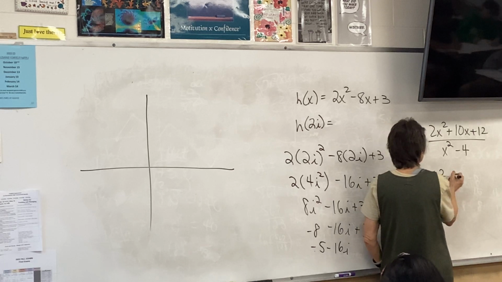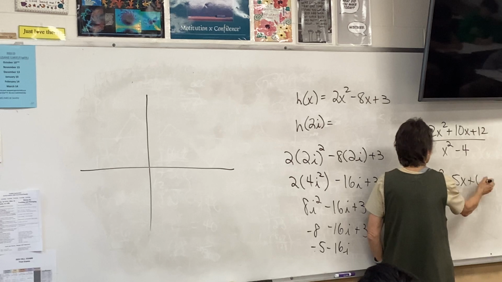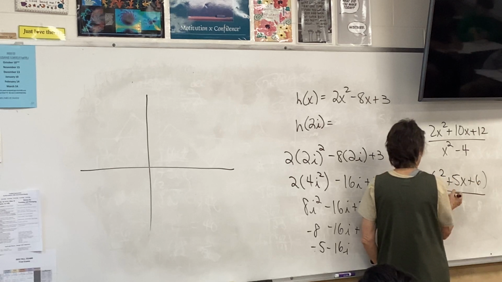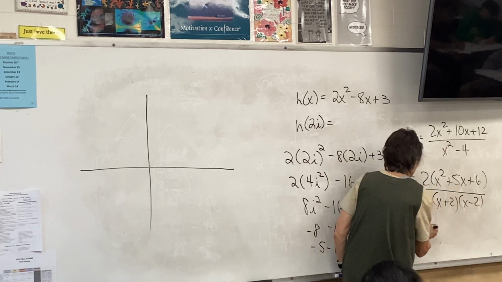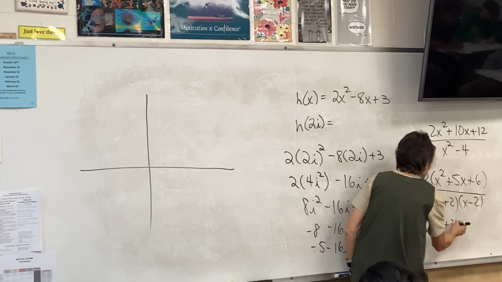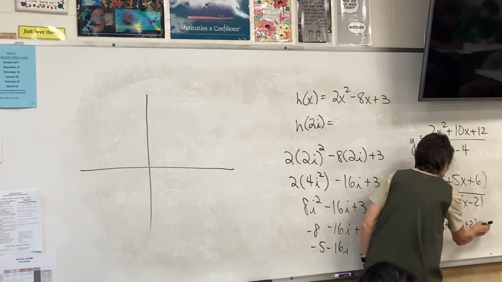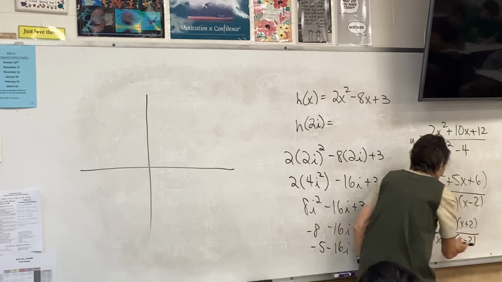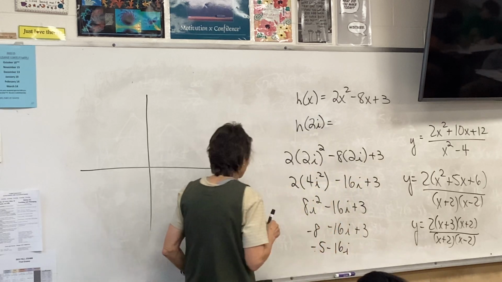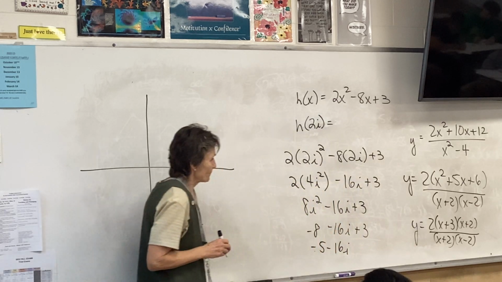So I'll take a 2 out of the top. And then I can factor that, x plus... I think I have factored correctly, but double check that. I made a mistake on a problem like this earlier today. I think that's right.